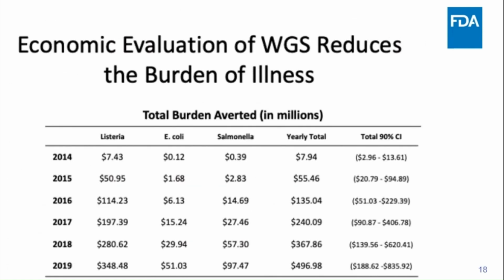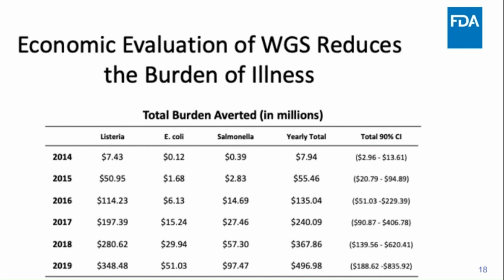What you see is that if you look just at the left-hand column of listeria, in the first year of production, we calculate we're averting about $7 million in averted human illness. And the second year, it's almost 50 million. And in the third year, it doubles again to 114 million in averted illness.